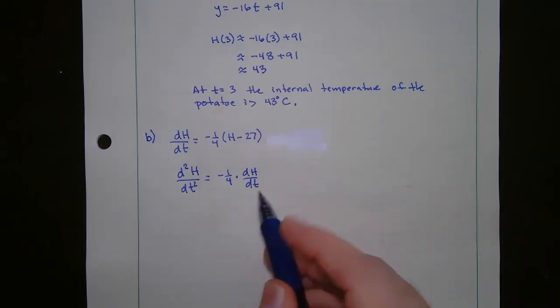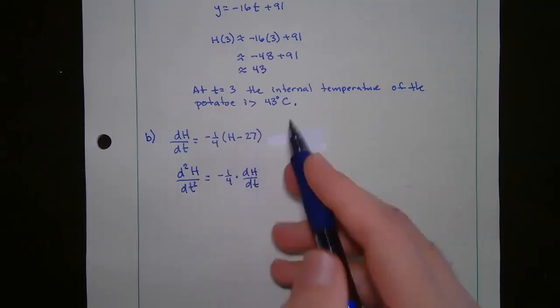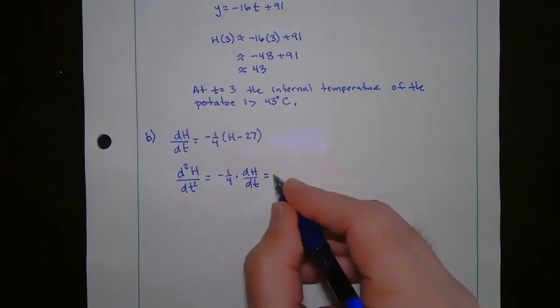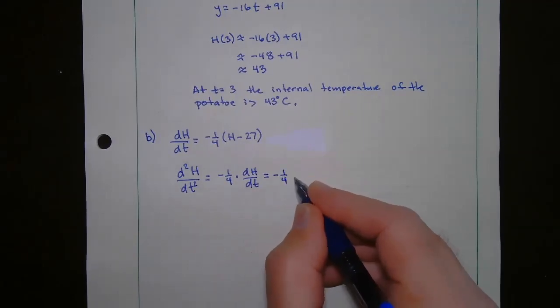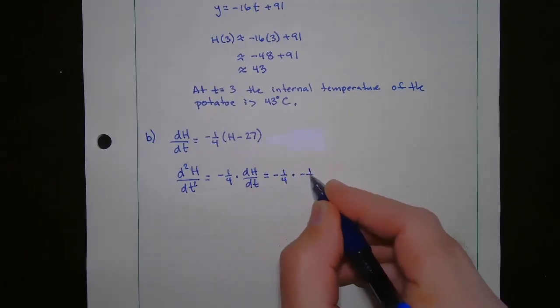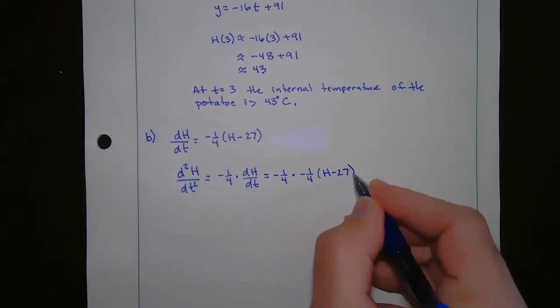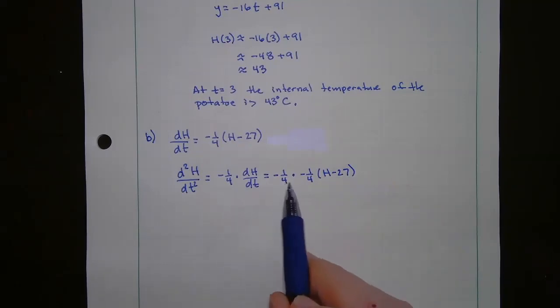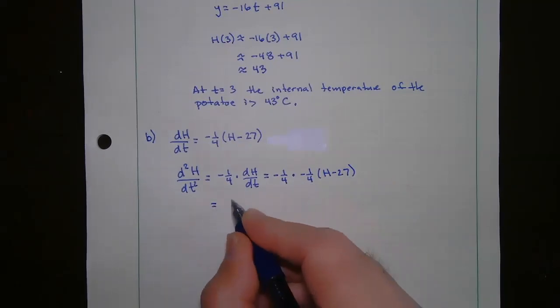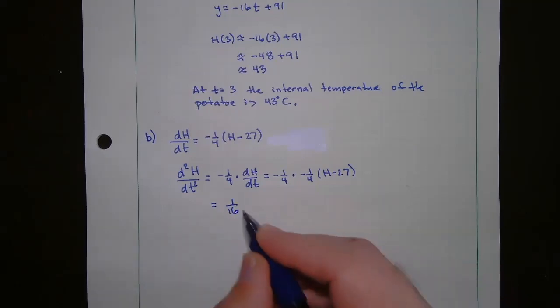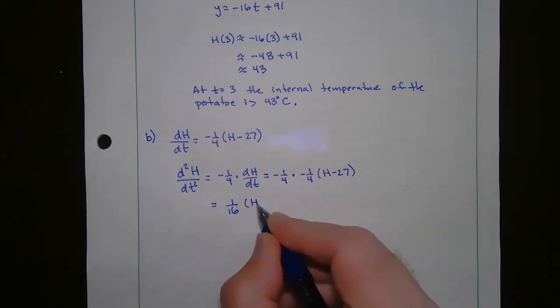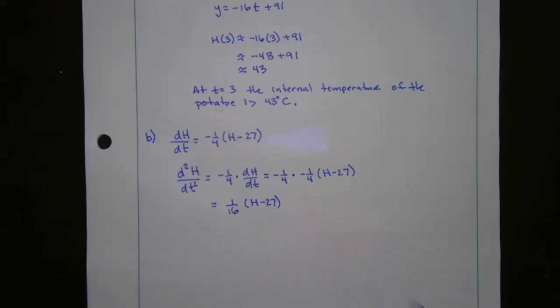Now dh over dt is negative 1/4 times h minus 27. So this is negative 1/4 times negative 1/4 times h minus 27. Negative 1/4 times negative 1/4 is positive 1/16. So that's 1/16 times h minus 27.